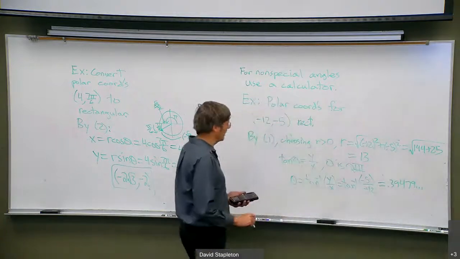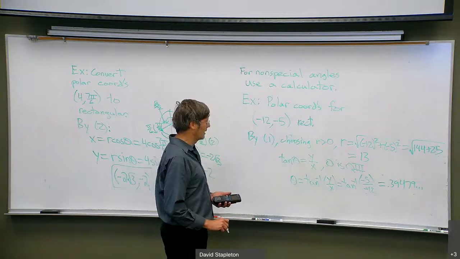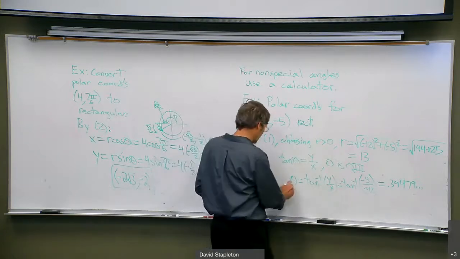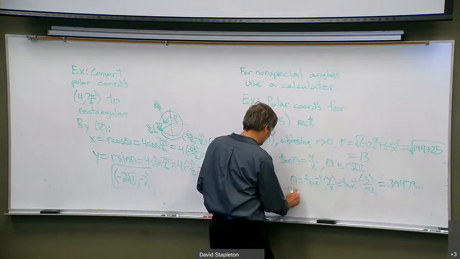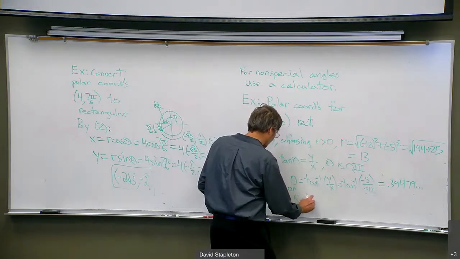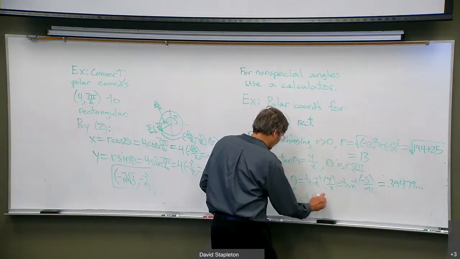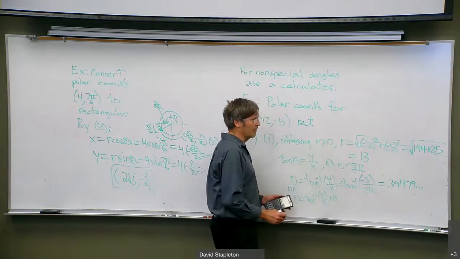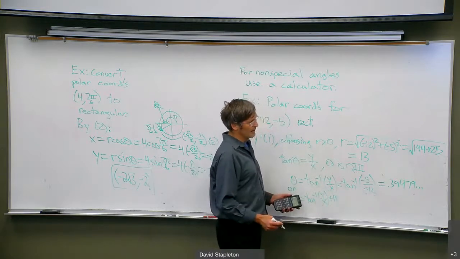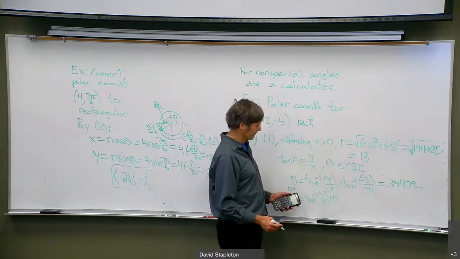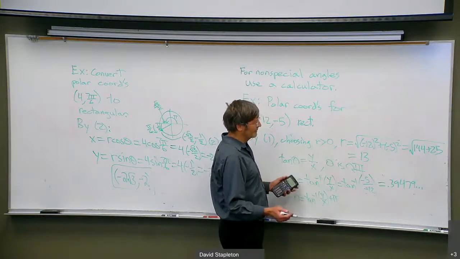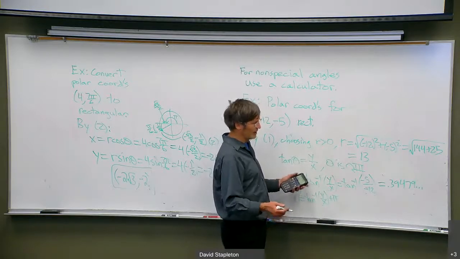But there's another possibility, right? What's the other solution? The other possibility is theta in the opposite direction. It could be arc tangent of y over x plus pi. This may not put you where you want, and maybe you want an answer between minus pi and pi.